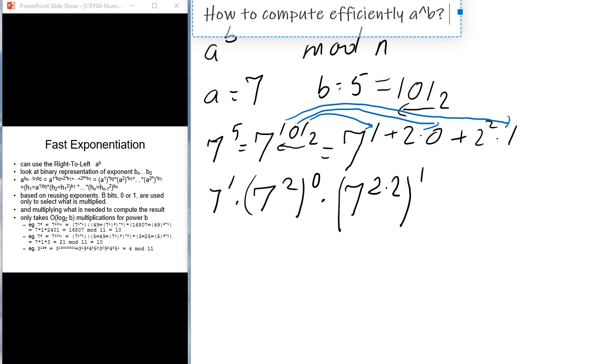And it's everything at power 1. We are going to write it further as 7 at power 1, then 7 squared is 49.